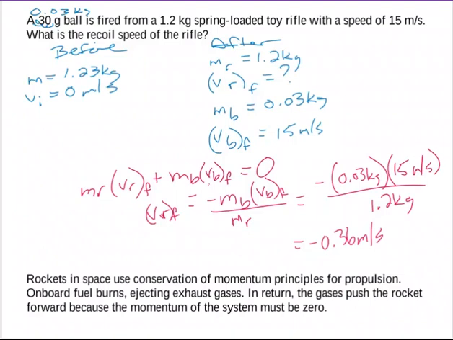But does the negative answer make sense? Yes, because it's going in the opposite direction. And this is a small number, and it should be, because 15 meters per second up here with the small mass compared to a large mass should be a small velocity. It's barely felt.